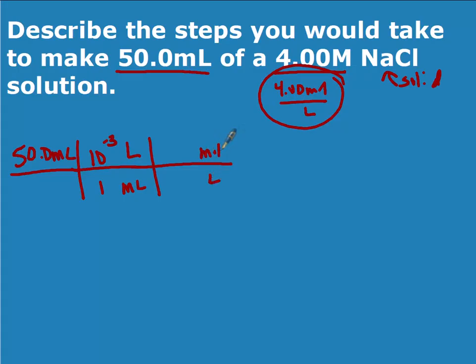And then I can go liters to moles. And according to my molarity, 1 liter is equal to 4 moles. But I need to get all the way to grams. So 1 mole of NaCl is 58.44 grams from the periodic table.